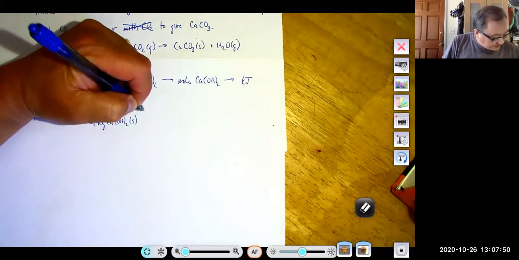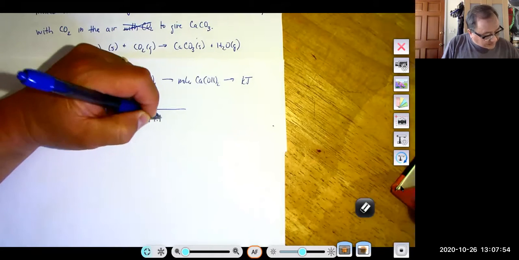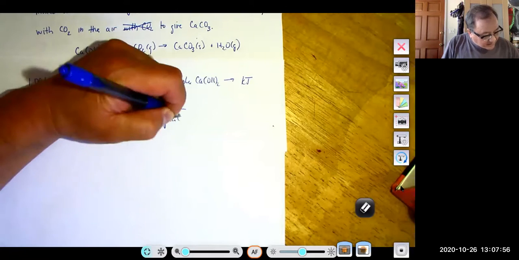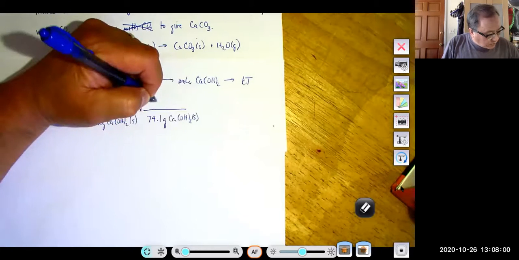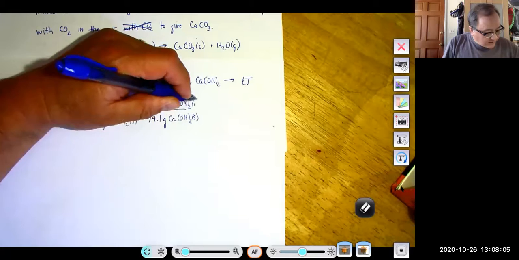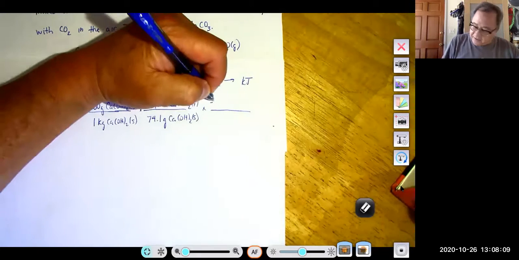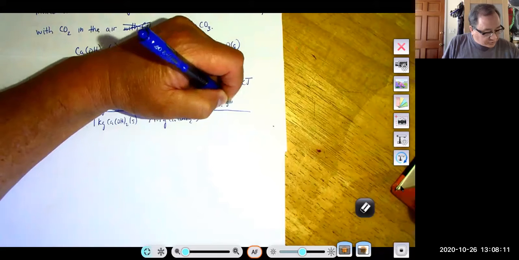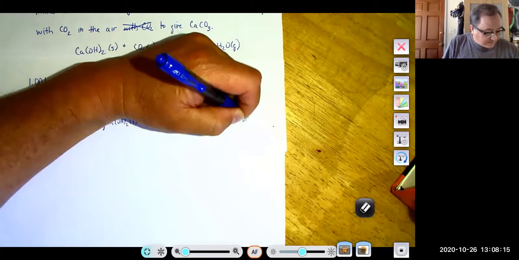So we get 74.1 grams of calcium hydroxide solid per 1 mole of calcium hydroxide solid. And then we multiply by the answer we got previously, which was minus 70.3 kilojoules per 1 mole of calcium hydroxide solid.